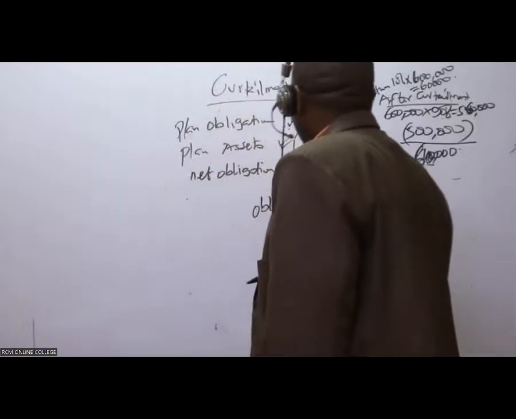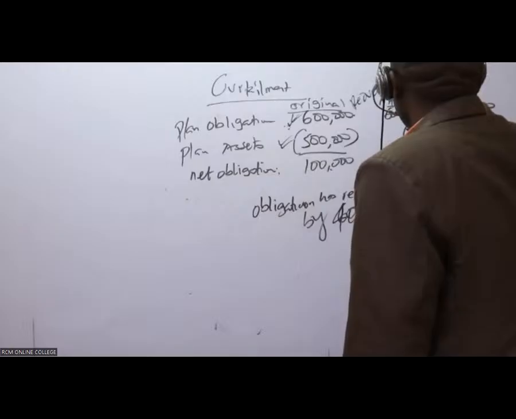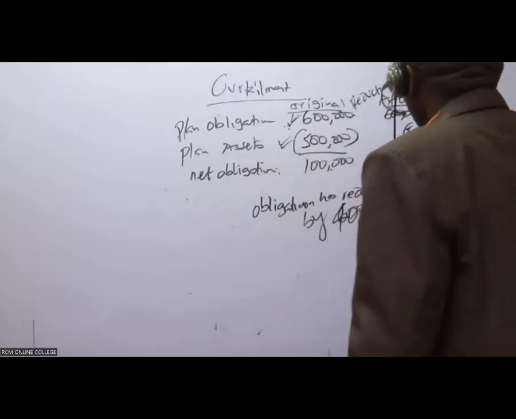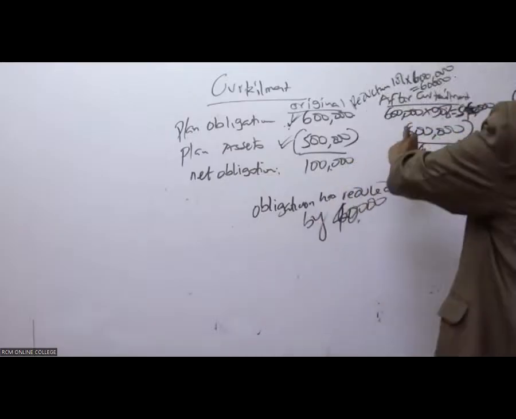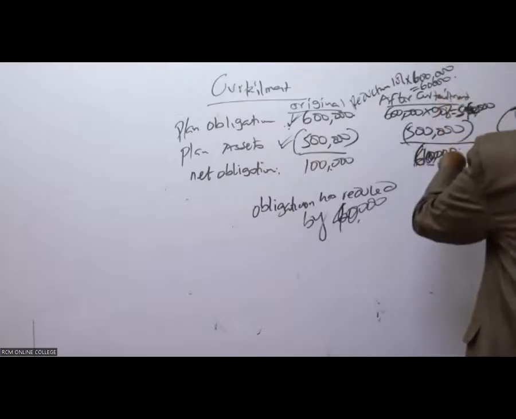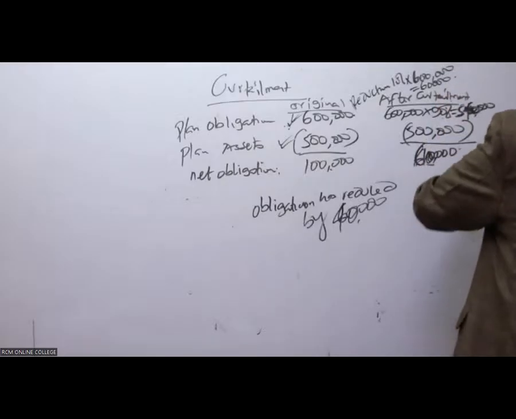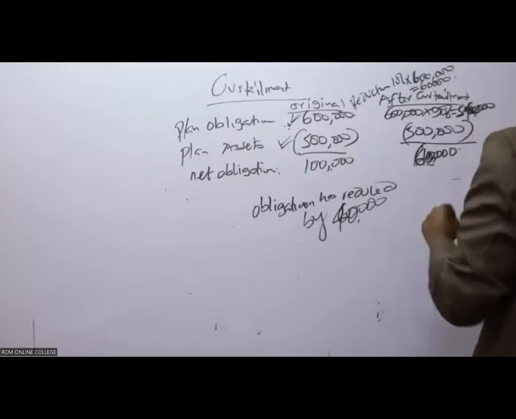It should be 540,000, which would have been the same as taking 600,000 times 90%, because 10% is a reduction. Then I'll be able to get this 540,000 like that.